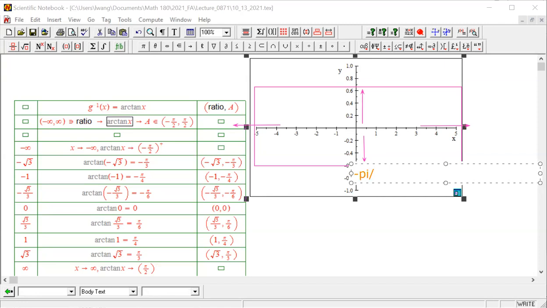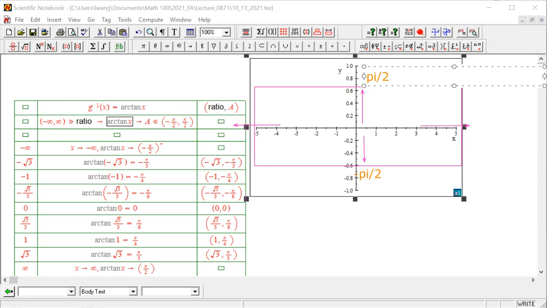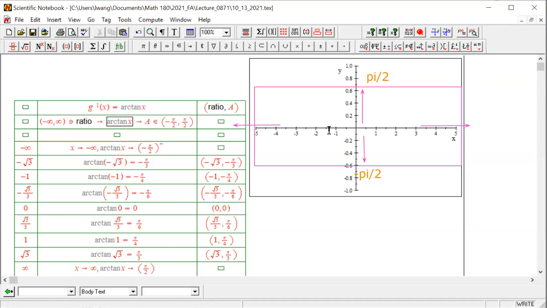So the box is just like this. The curve we're expecting to see is going to be between negative pi over 2 and positive pi over 2, because the output is a vertical concept. So this box will box your curve inside. Of course, it cannot hold it because the domain is from negative infinity to positive infinity, so horizontally it expands in both directions forever.